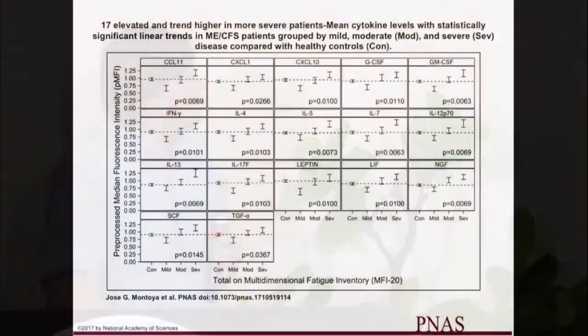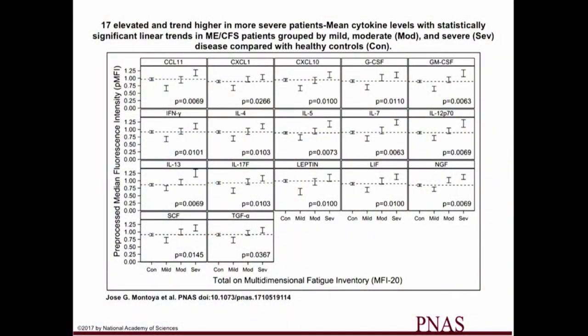So anyway, long story short, in this study we saw, remarkably, of 51 cytokines that we can follow in the serum of chronic fatigue patients, 17 were elevated, and they're largely weighted towards inflammatory cytokines. And they also correlated, as I hope you can see here, we're looking at mild, medium, and severe patients.